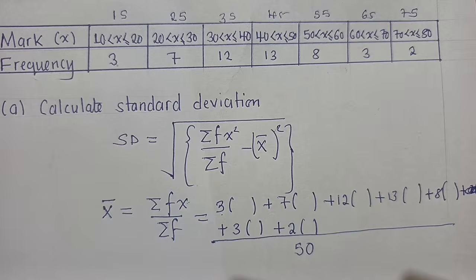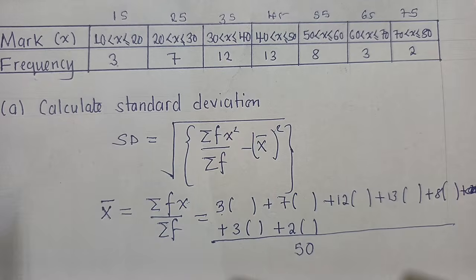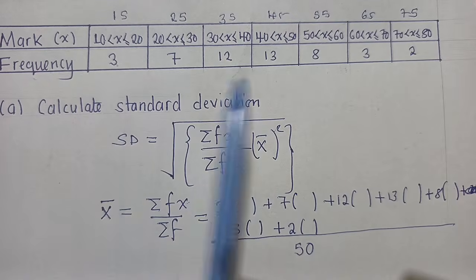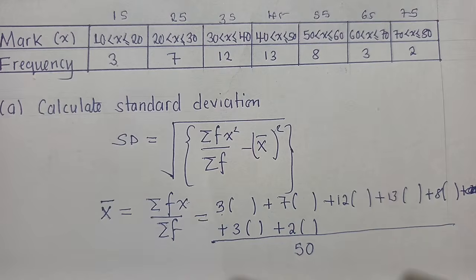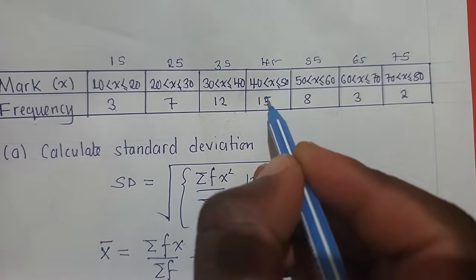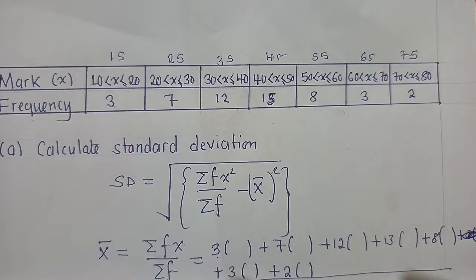So that's 3 plus 7 plus 12 plus, is it 13 here? No, it's supposed to be 15. According to the question, we're supposed to have a 15 here. Let me check. Yes, it's supposed to be 15.